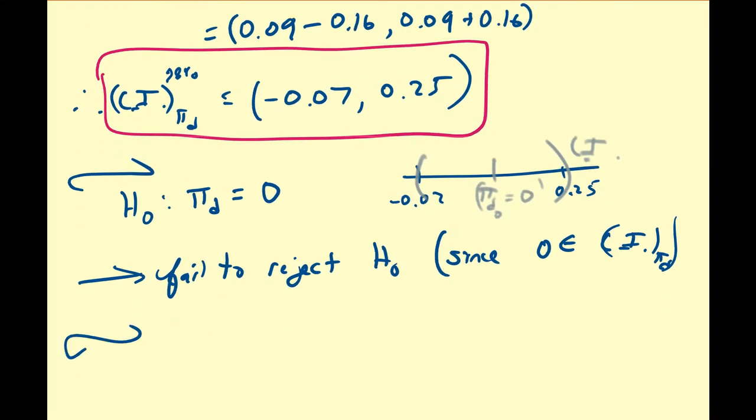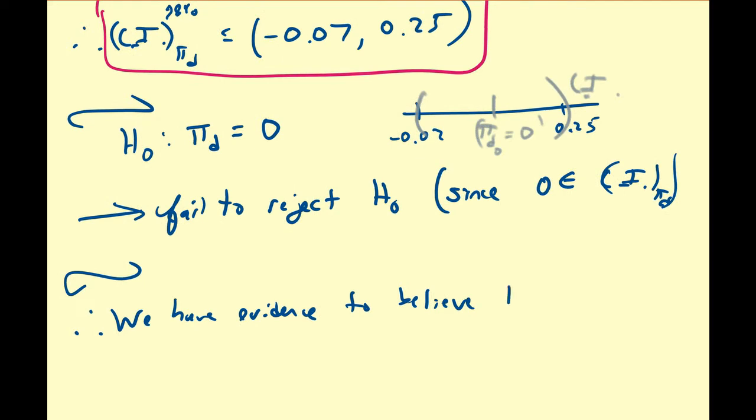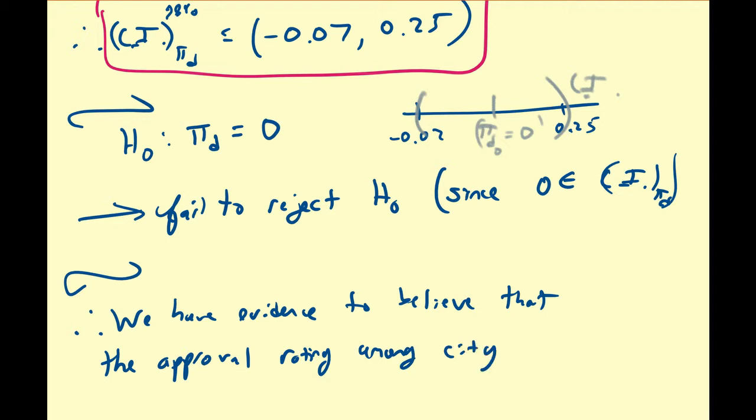So with that being said, what does that mean? That means we have evidence to believe, under a 98% level of confidence, that the approval ratings among city A and B are about, keyword here is about, the same.